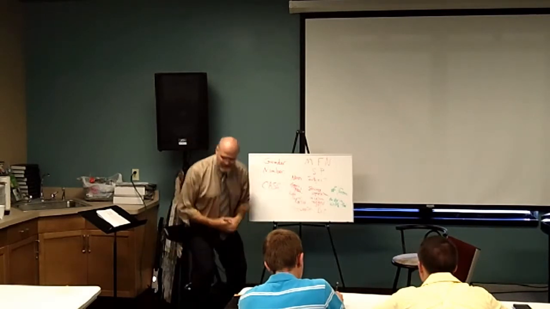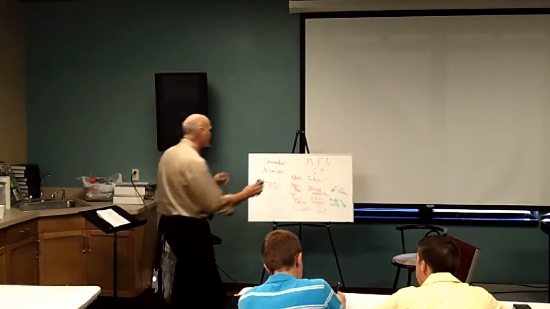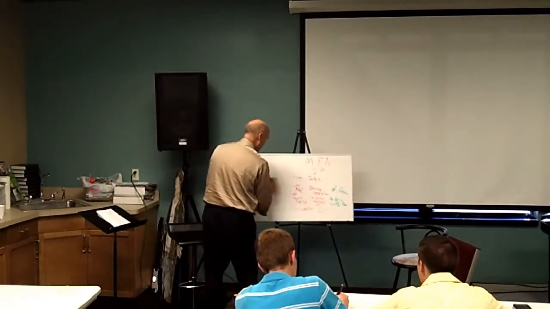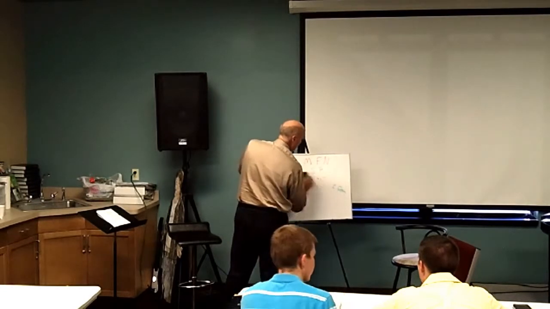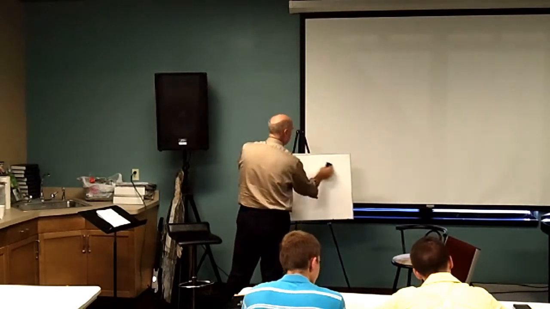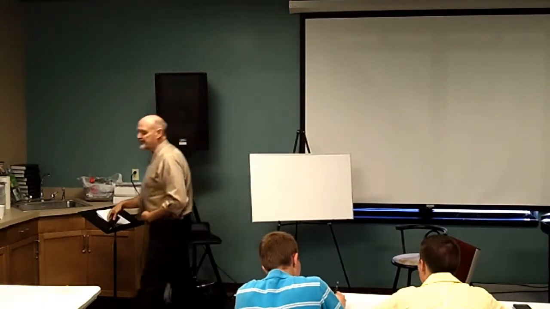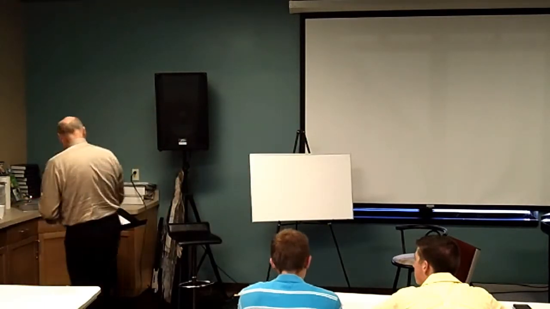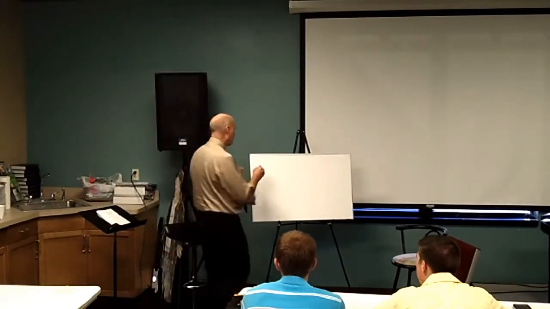Right here, let me erase this and I'll write up just a simple sentence and then I'll show you how each of these work, okay? Now once you get this, you're going to see how incredibly well these things work.